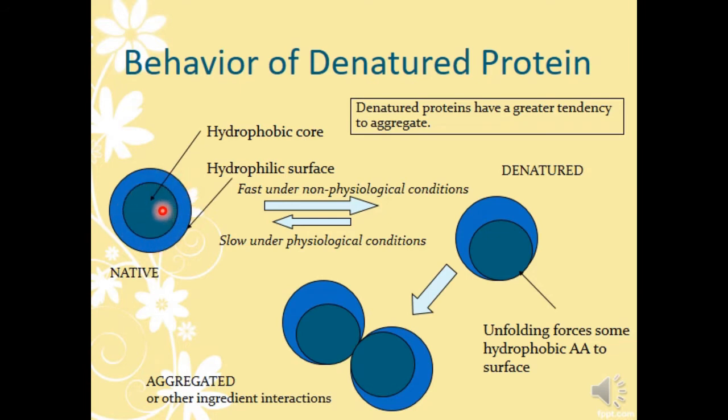During denaturation, it undergoes either non-physiological conditions, for example addition of acid, addition of alkaline, denaturing agent, or physiological conditions like mechanical action, whipping, cooking.